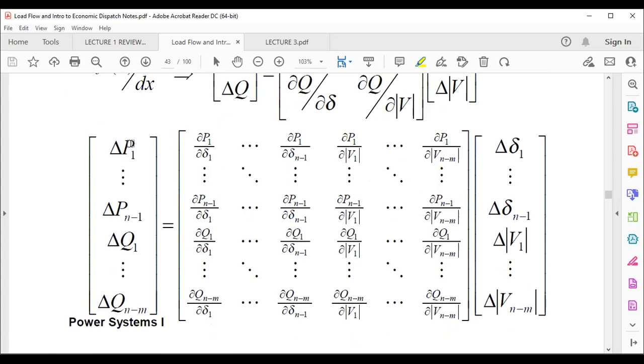If we have 30 buses, then this would be n minus 1, so this will be 29 rows, and this will be another set of rows depending on other variables, which I will explain later.